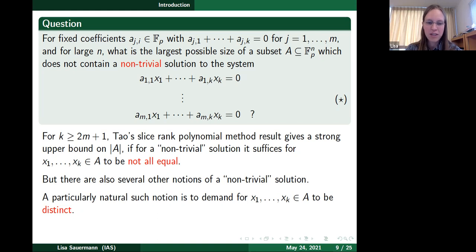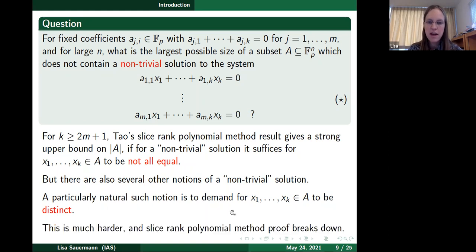But I would say a particularly natural notion one can consider, and that he also did consider, is if we demand for the variables to be all distinct. And this notion of non-triviality is also considered in other contexts often. So we can now ask the same question here, where for a non-trivial solution, we demand x1 to xk to be all distinct. And then the problem becomes much harder, right?